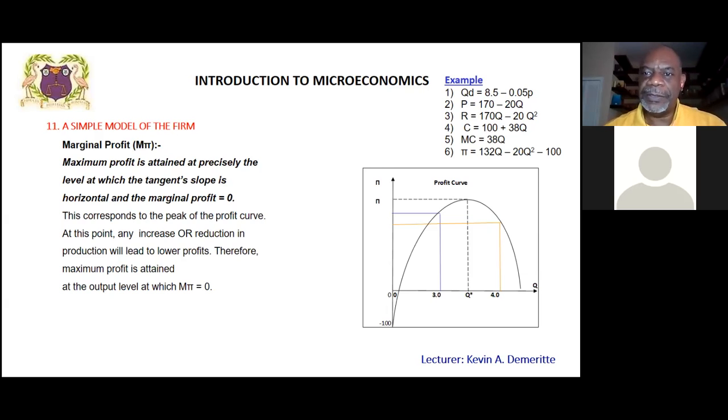The demand function, in this case, QD equals 8.5 minus 0.05p, says that at various price levels, if we charge various prices, the demand equation is going to tell us how much our customers will demand at these various prices. And that's usually very interesting and very informative for our business.